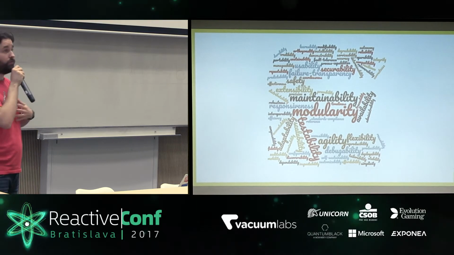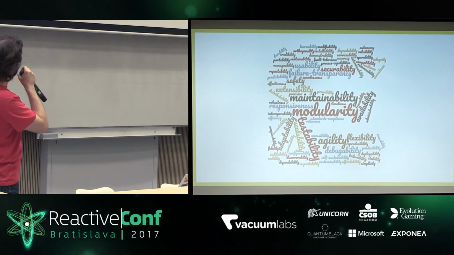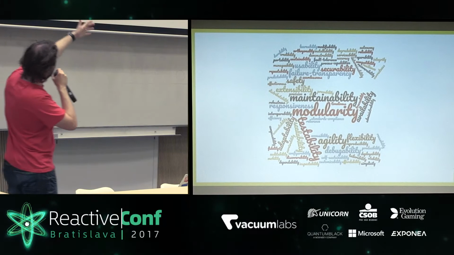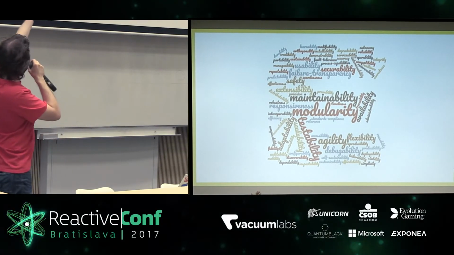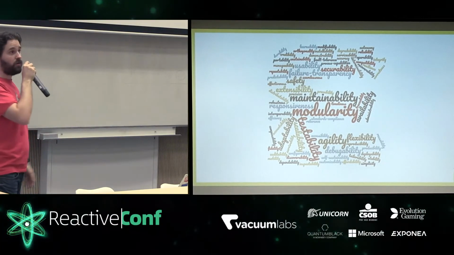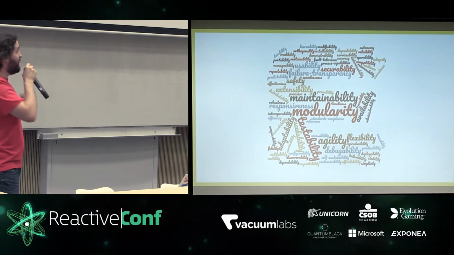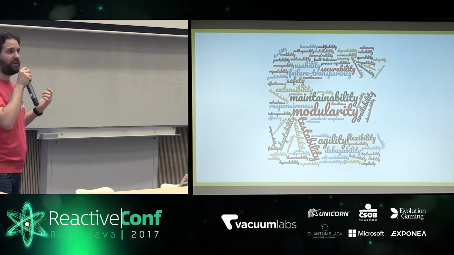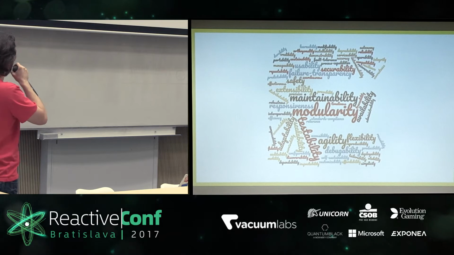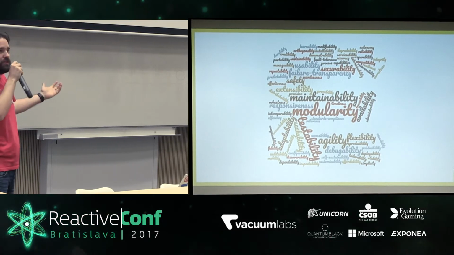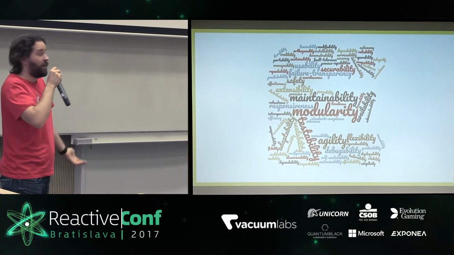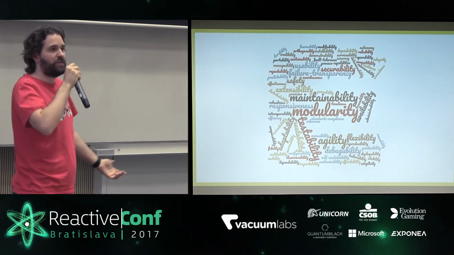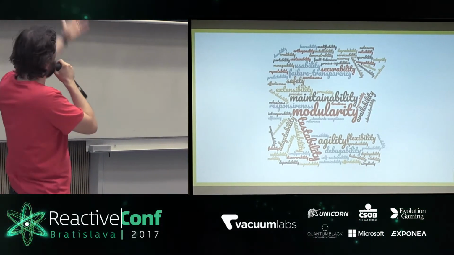You would love to have them all. You know, agility in your project, flexibility, reproducibility, modularity, configurability. You want them all, and I've talked yesterday with my business colleague, and he asked me, why don't they have them all? I told him, just give me 200 people, and we will have them all.